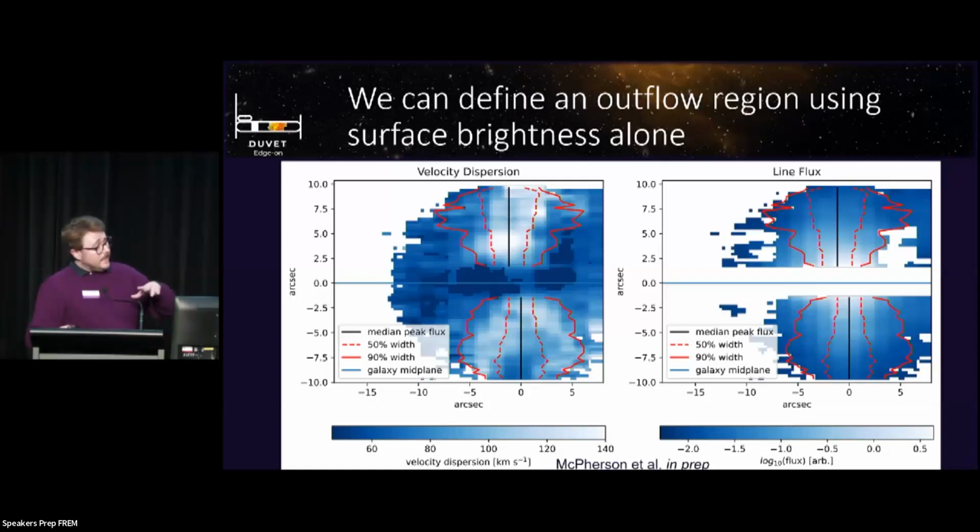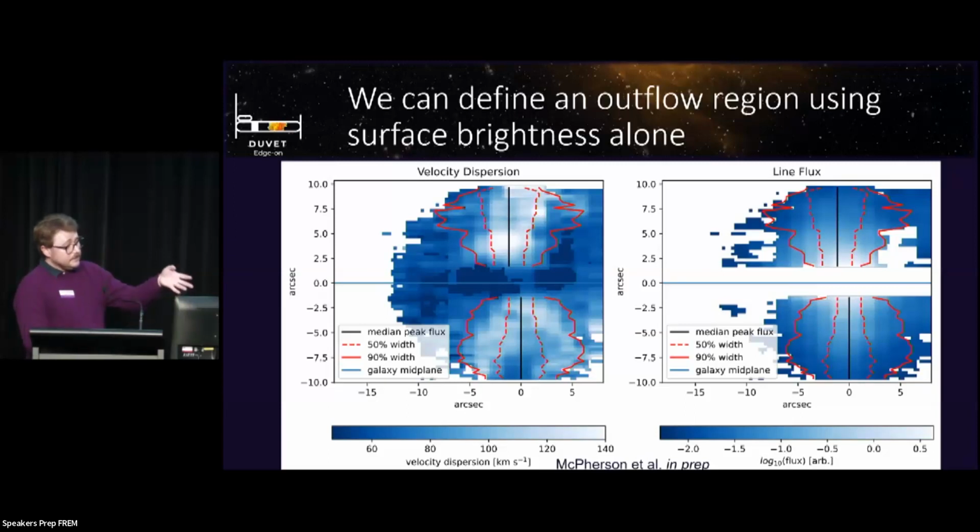We can also directly measure the opening angle just by fitting a line to the outflow profile that we detect. And here at the 50% width, we measure an opening angle of 20 degrees, which I can give some context to in a moment. Since we do have IFU observations here, we can look at the kinematics in the gas and see how that corresponds to what we define as an outflow region from the surface brightness.